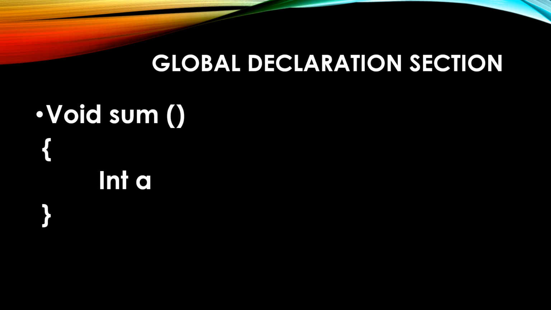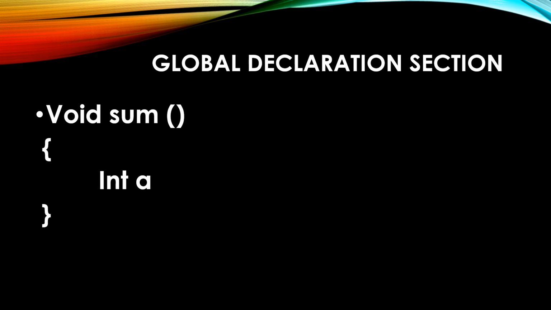This is called the global declaration section. Variables used in more than one function are global variables, declared before the main function.